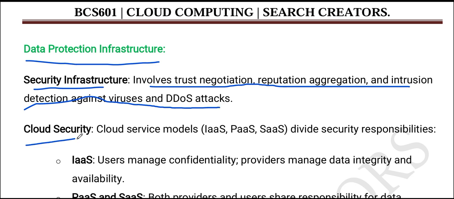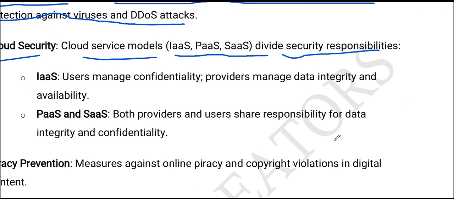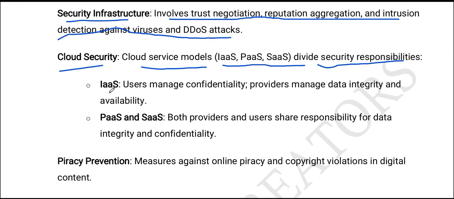Next is cloud security. Cloud service models are IaaS, PaaS, and SaaS. It divides security responsibilities. In infrastructure as a service, users manage confidentiality, and providers manage data integrity and availability.